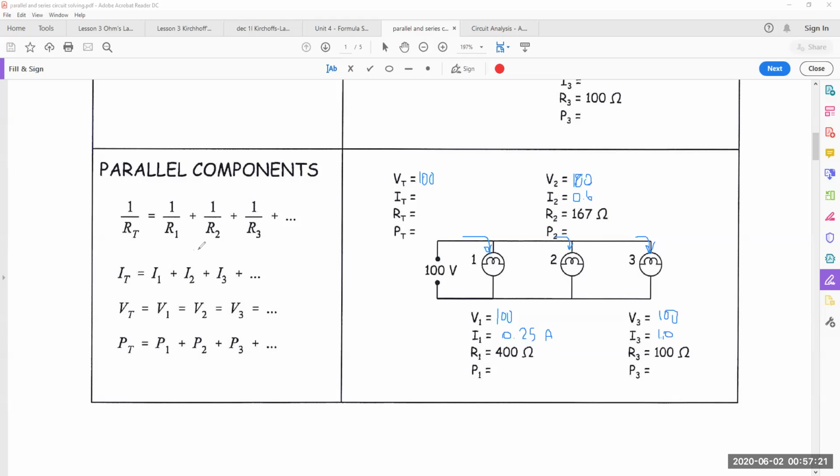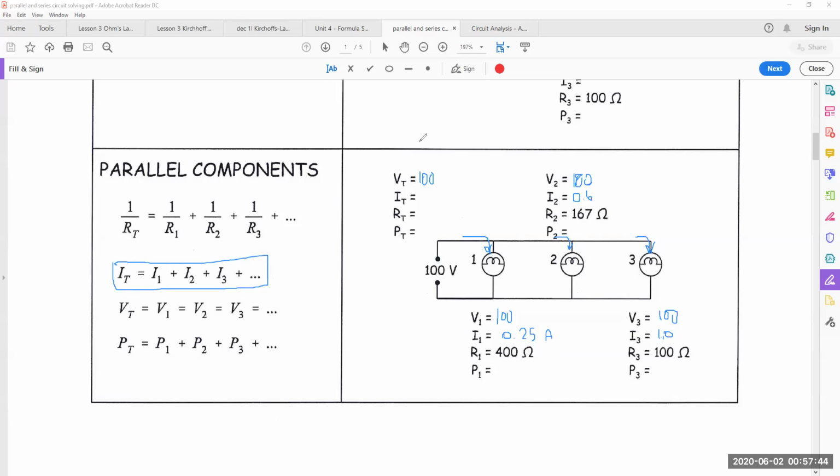So now, in a parallel circuit, unlike the series, the I's have to add up. Why? Because some electrons will go here, some electrons go here, some electrons go there, and the same electrons can't go in 2 places. So what is the definition of current? Number of electrons per second.